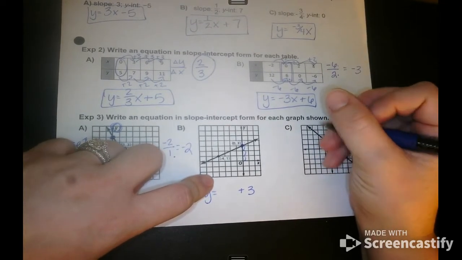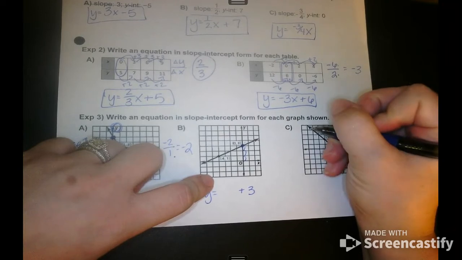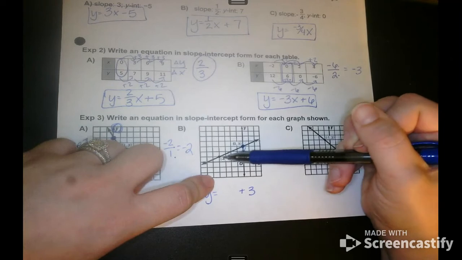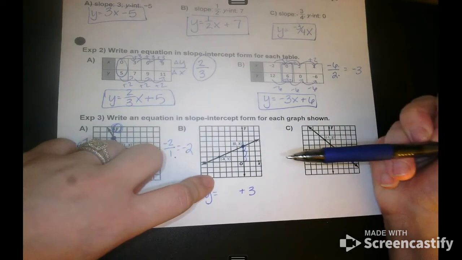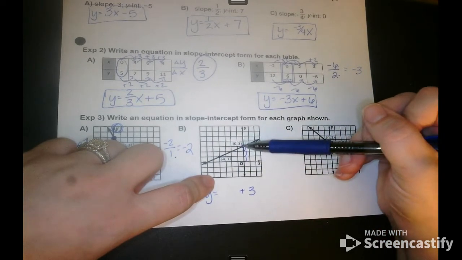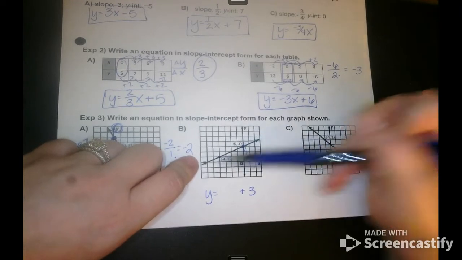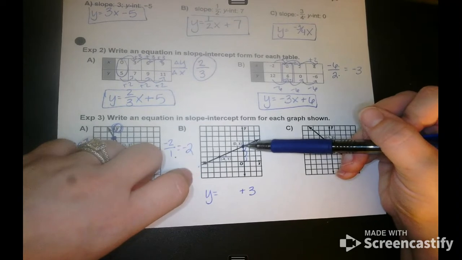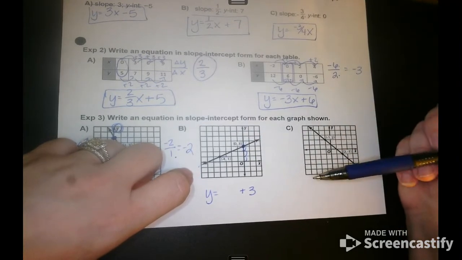Now I'm trying to find my slope. I'm trying to figure out how I get to all the exact points on my line. If I start here, we know it's going up, but I can work backwards to figure out my slope. How many times do I have to go down and over to hit my line?